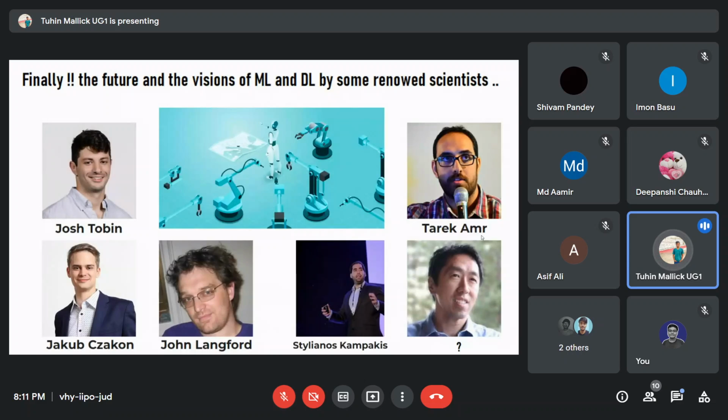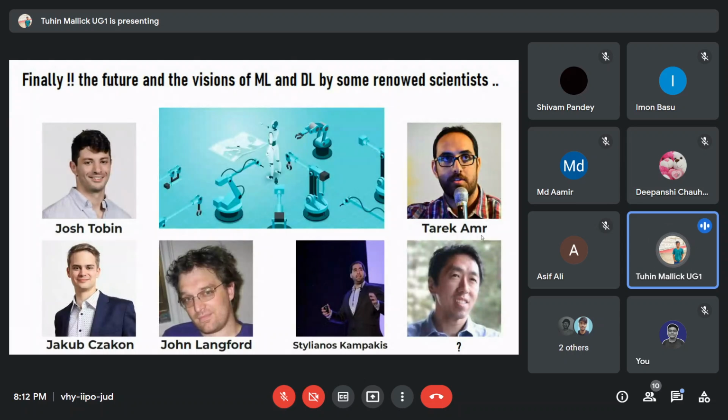How they have visualized the future, and what their vision is regarding the Python language, machine learning, and deep learning, is the focus area of the lecture I am giving today.